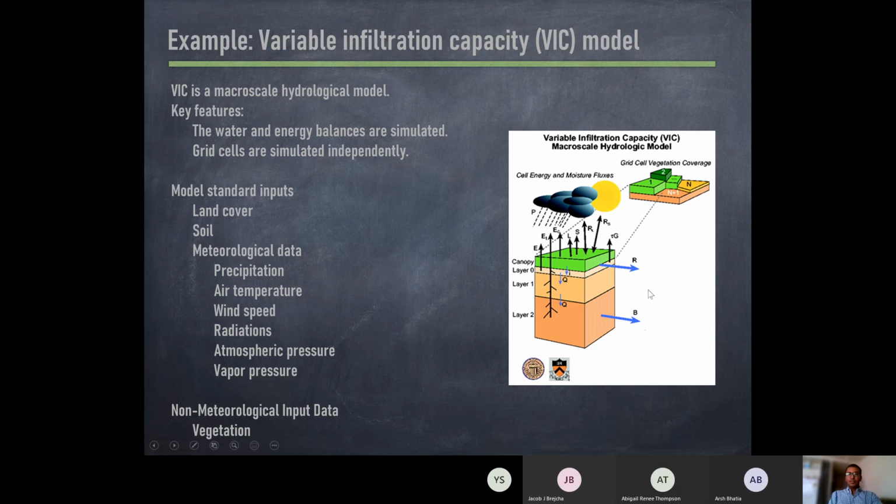Like how much water is transpiring, that's why you need vegetation. How much water is intercepted in the canopy of the vegetation, how much precipitation. So all those calculations are done in this model, and then you get the water balance and energy balance. Okay.